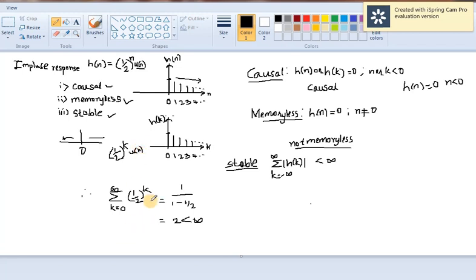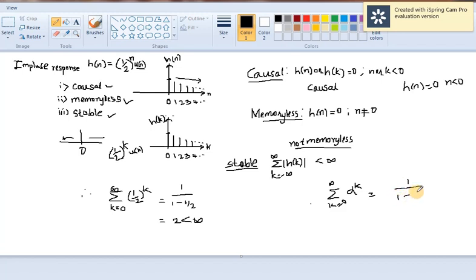The summation was from minus infinity to plus infinity, but as we have it only on the right side, let's make it from 0 to infinity of half raised to k. From the knowledge that we have the formula, summation of alpha raised to k, where k is from 0 to infinity, is given by 1 by 1 minus alpha.